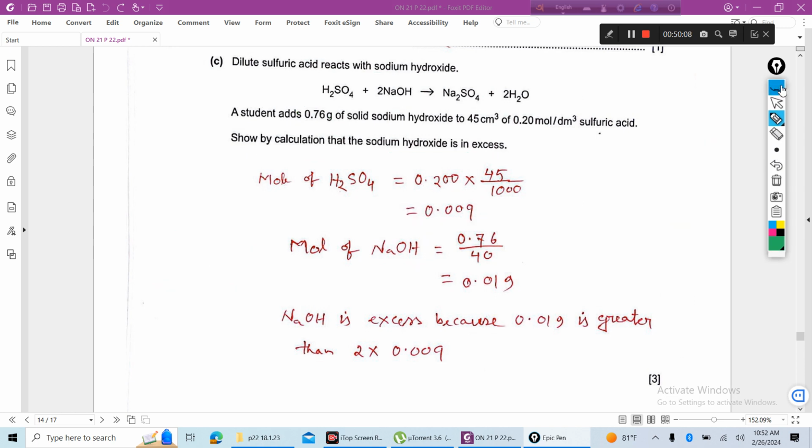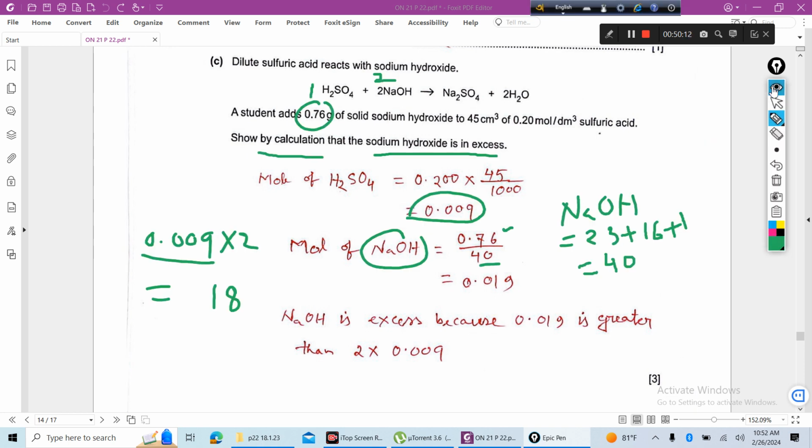So you need 0.018. Sodium hydroxide needs 0.018 mole, but sodium hydroxide has 0.019 mole.